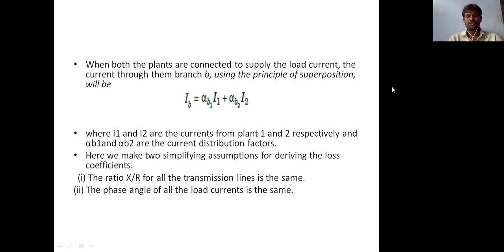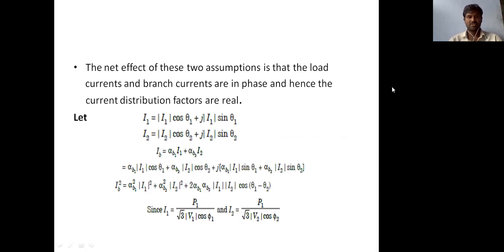Under the above assumptions, the current division factors, the real power factor, and the magnitude of voltage and phase angle at each source remain constant. The net effect of those assumptions is that the load current or branch current phases are the same, and hence the current distribution factors are real.